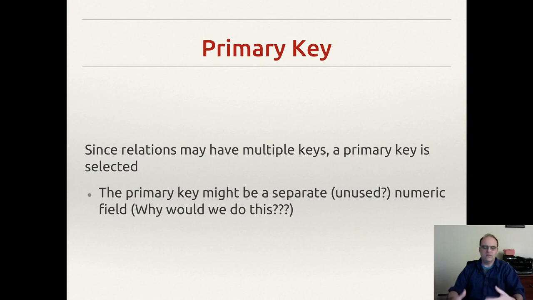And it is very, very common for people to create these unused numeric fields. Oftentimes there'll be these auto-incrementing fields, where when you do an insert, you don't even provide the number. The database automatically puts the row in and puts that ID field up to the next number. And this guarantees us uniqueness, right?